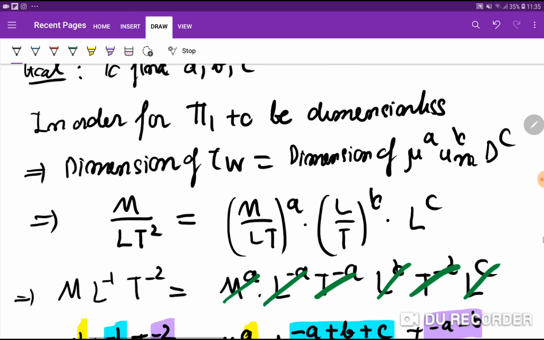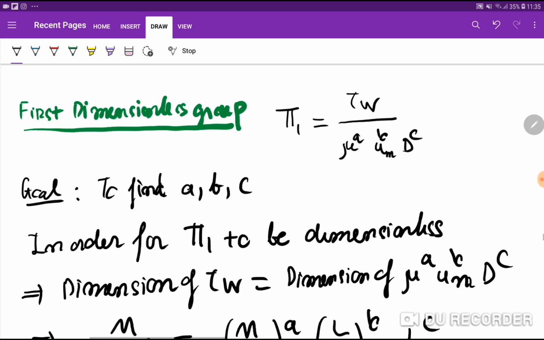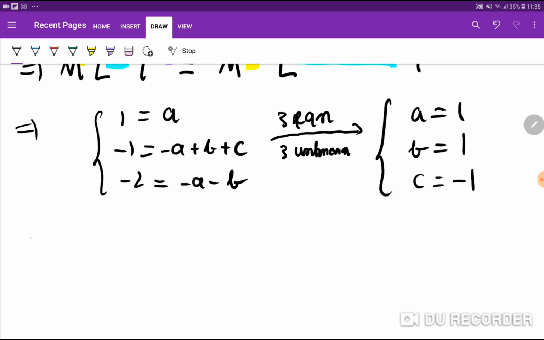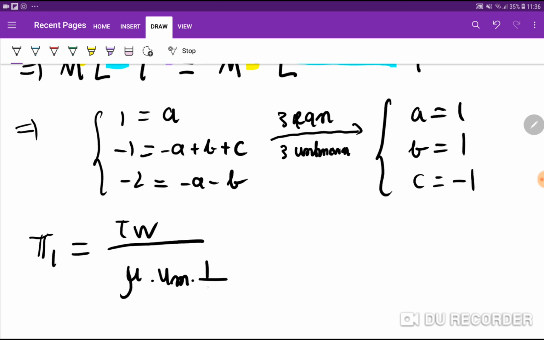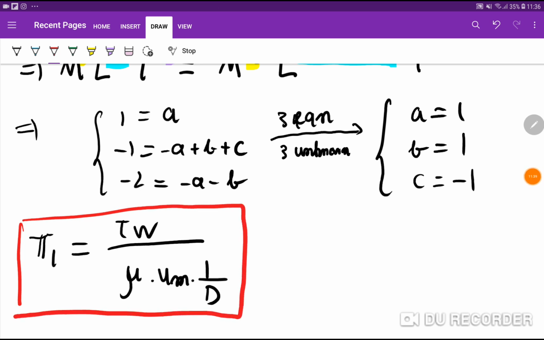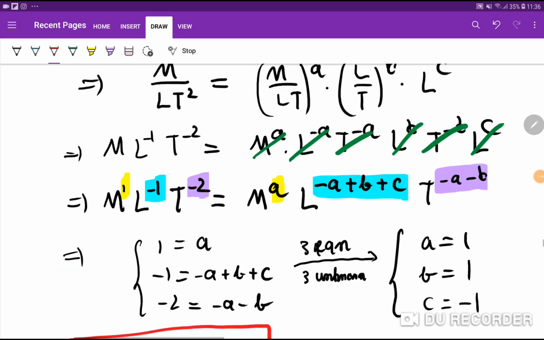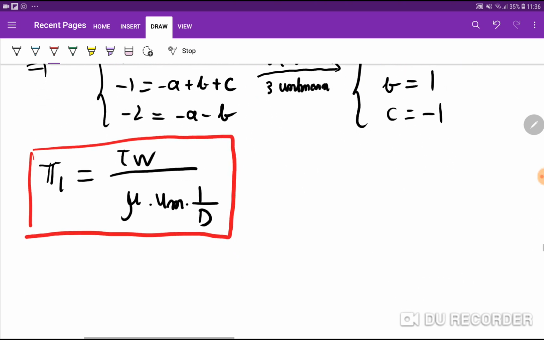If you plug into the original dimensionless group, you get our first dimensionless group pi1 to be tau w over mu times the appropriate power of the other quantities. So this is our first dimensionless group. In the next video, I will help you find the rest 3. Stay tuned and see ya.